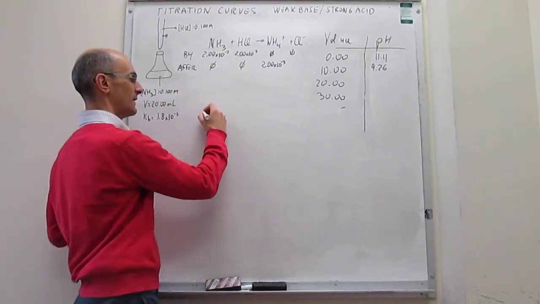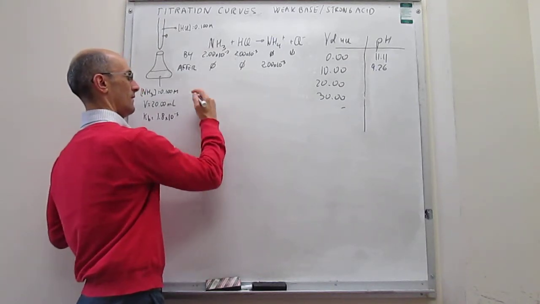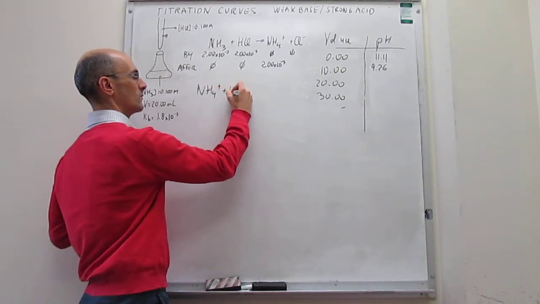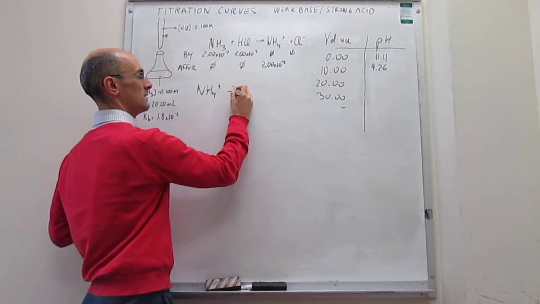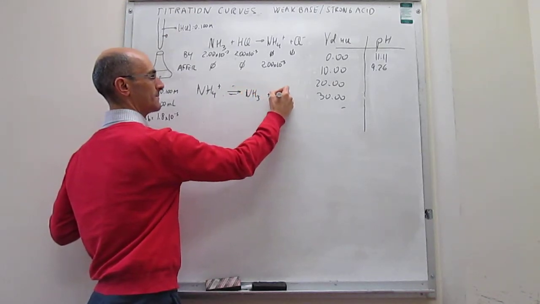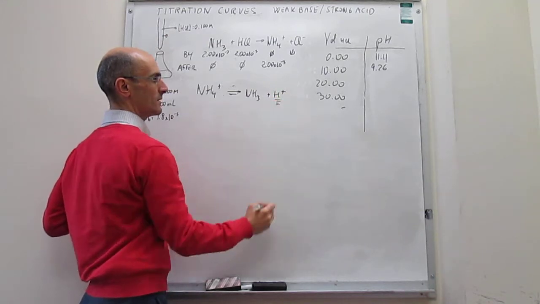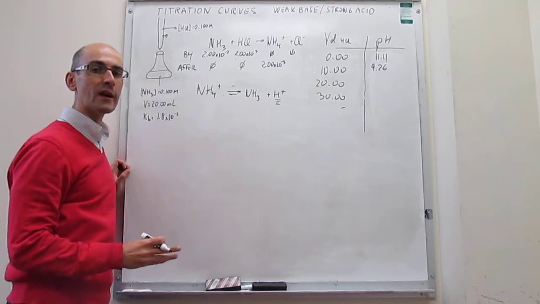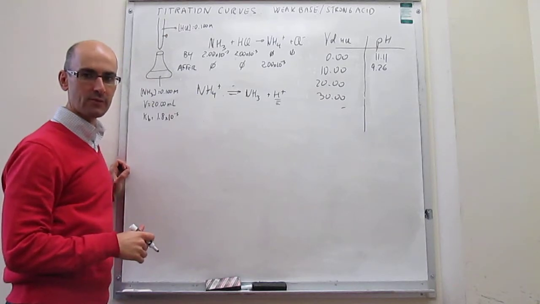The conjugate acid by itself has the following chemistry. This ammonium can dissociate to generate ammonia plus protons. The generation of those protons is going to make the pH acidic, even though we are at the equivalence point in the acid-base titration.